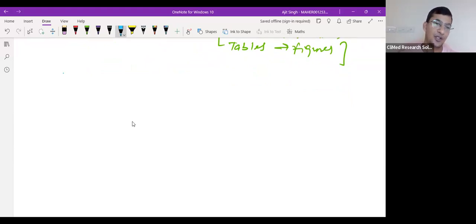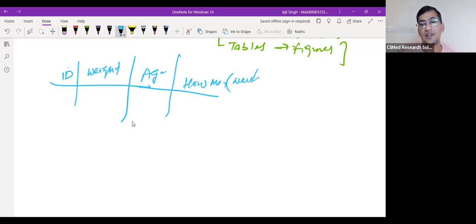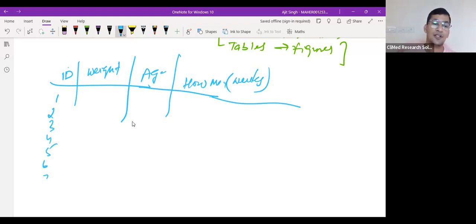You will give an ID number to each patient. Then I asked you to check the weight of the pregnant woman, her age, and how many weeks pregnant she is. So first of all, IDs 1 2 3 4 5 6 7 8 9.